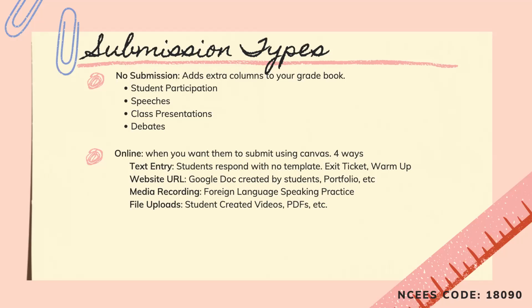Also, like a portfolio, if your students are creating websites on Google Sites, they could simply grab that link and put it on there. Even if you have them doing some research for a project and you want them to just submit the links to where they're getting their information from so that you can skim through to see what type of research they're doing, that's also a great way to use the website URL.